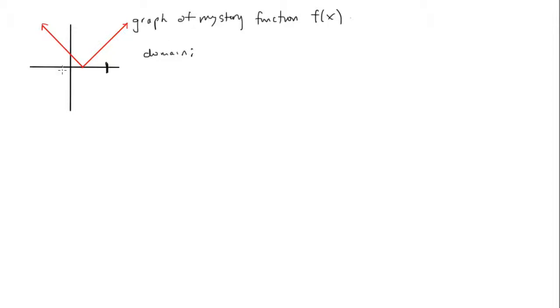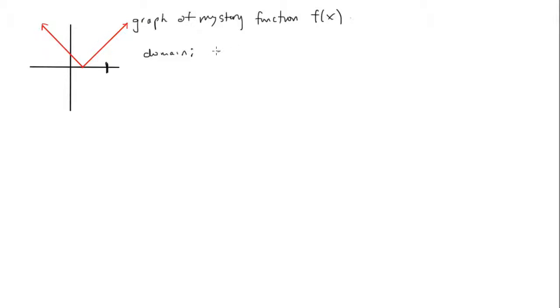number on the x-axis is okay to plug in, and this is why I went ahead and drew the arrows here, so that way over here we can imagine that the graph is way above and off the screen, but it still keeps going. So from the graph, it looks like that every x value is okay to plug in to the function.